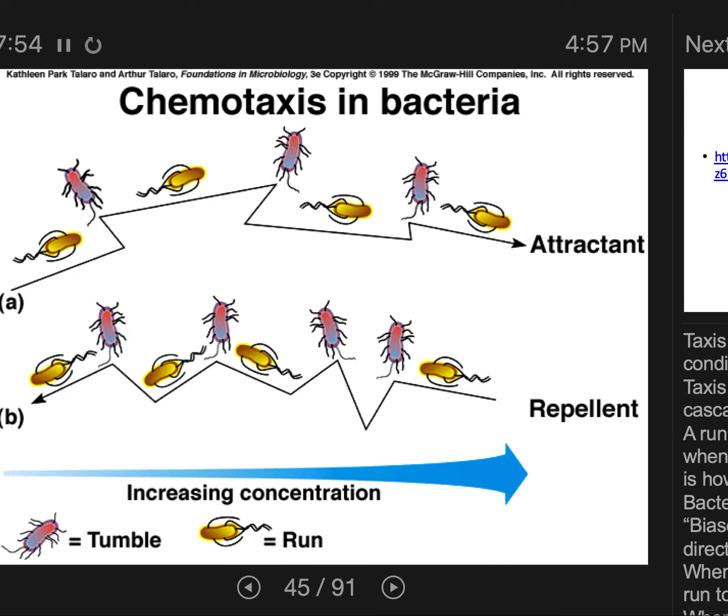When a repellent increases, something like an acid, a waste product, something that the bacteria doesn't want to be around, then tumbling increases, meaning that the bacteria start changing directions more and more. And they're changing directions randomly, but if they're moving towards a repellent, then any change of direction is going to be better than continuing in that direction, right?